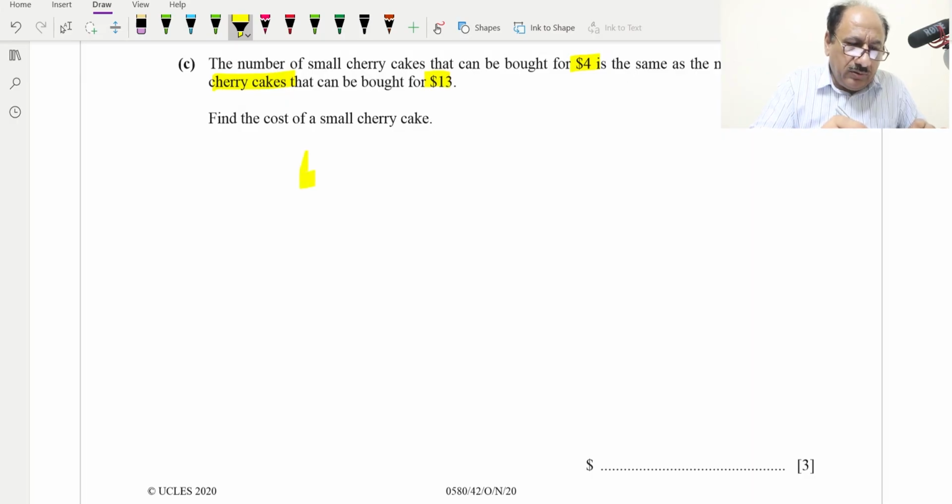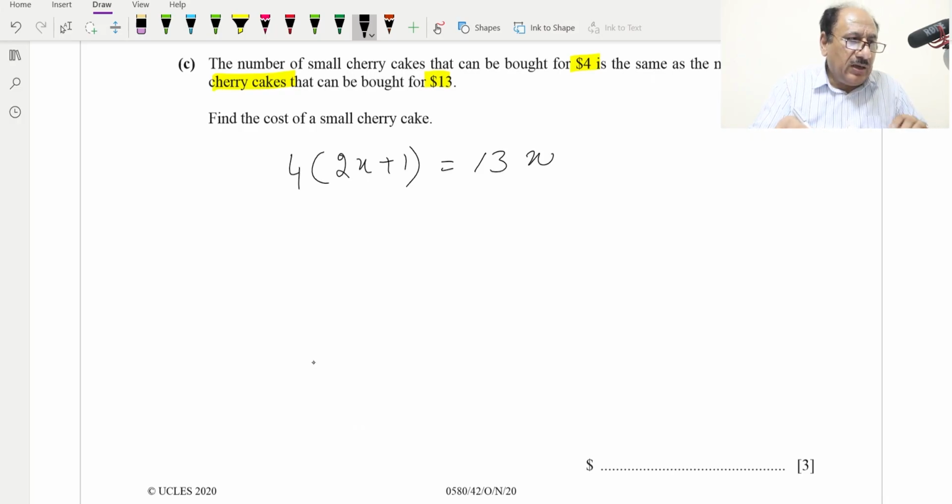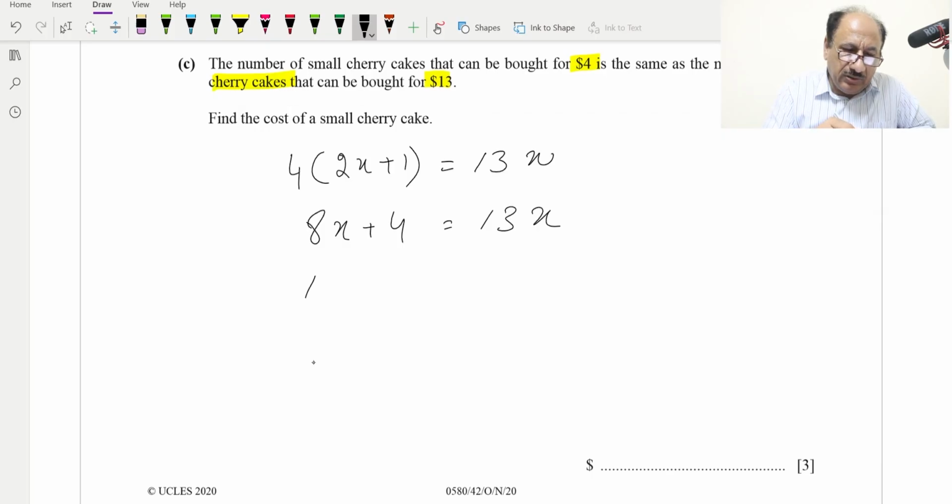So $4 for small cherry cake, so we can write 2x plus 1 for this one is equal to 13, and large cherry cake, so we can write x, and this will be equal to 8x plus 4 is equal to 13x, and this will be 13x minus 8x is equal to 4.